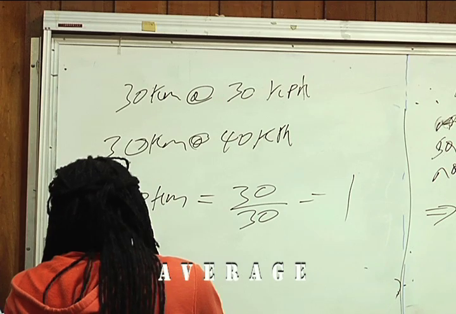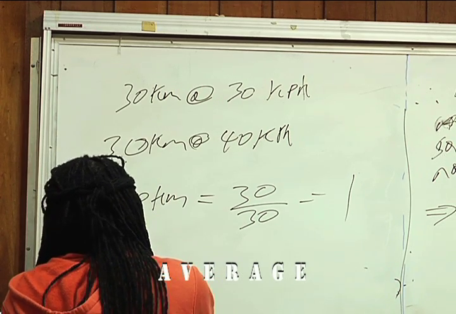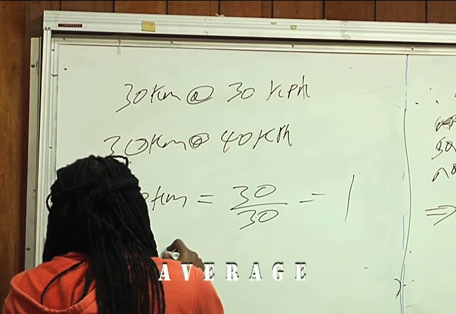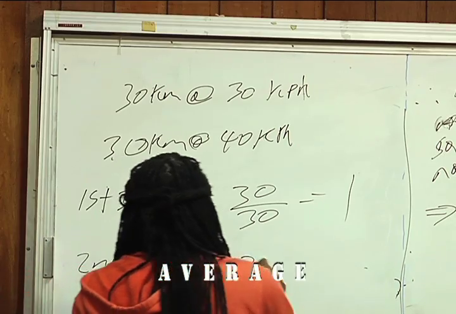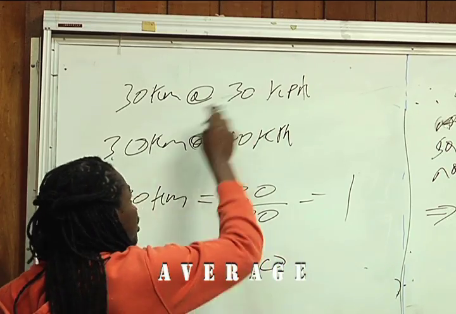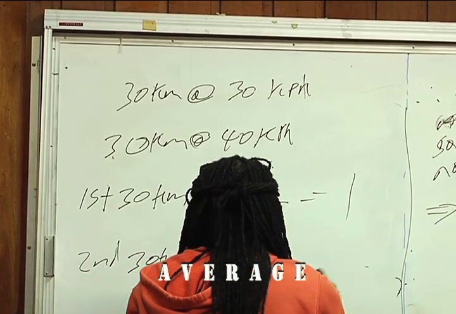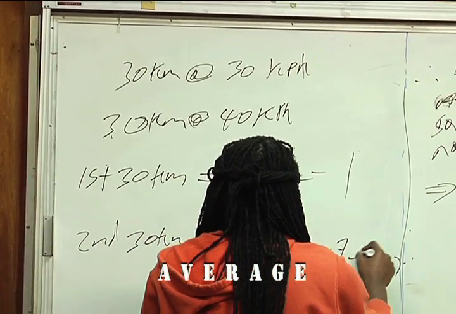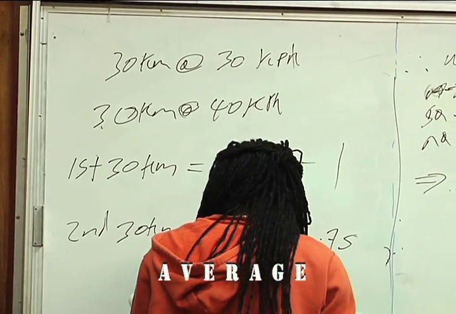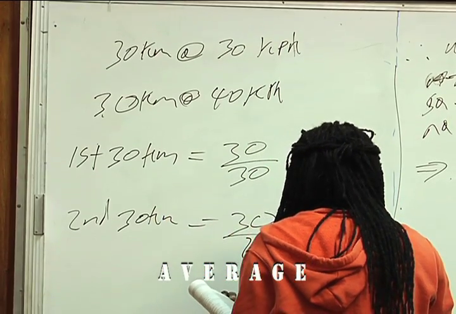The second 30 kilometers, he travels at 40 kph: 30 over 40 equals 0.75 hours.